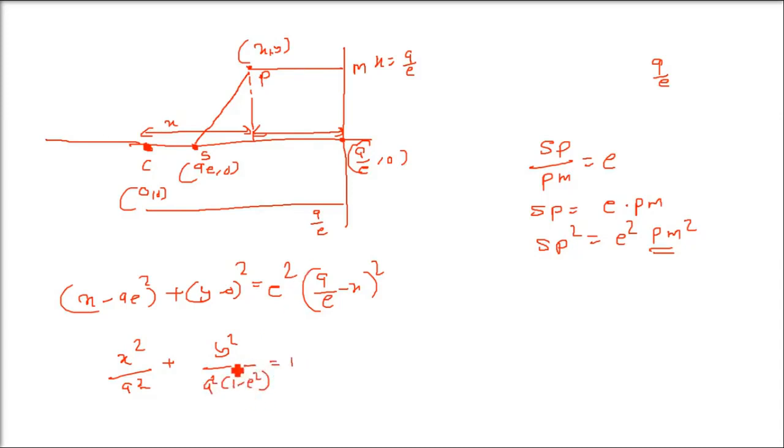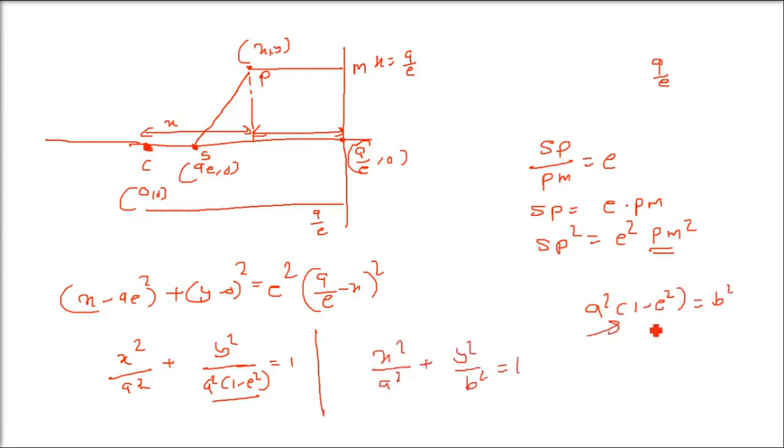Now the denominator of y square, A square (1 minus E square), we are going to call B square. The equation will be x square by A square plus y square by B square equals 1, where B square is A square (1 minus E square). This is the final equation of an ellipse.